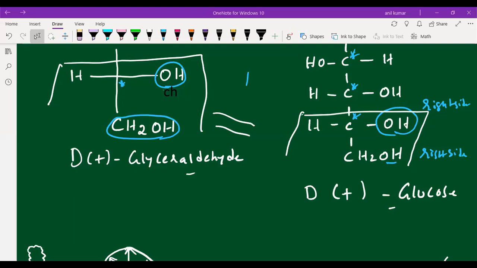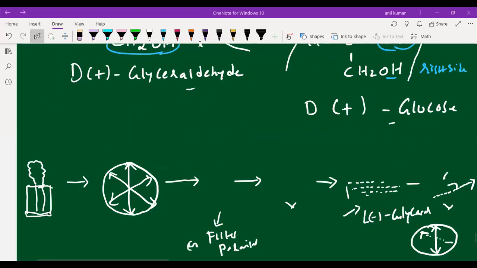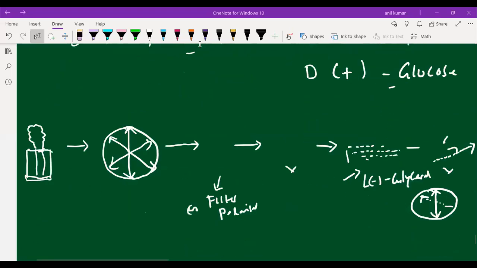Okay, fine, students. Next, let us go further. We have assigned the structure of glucose.